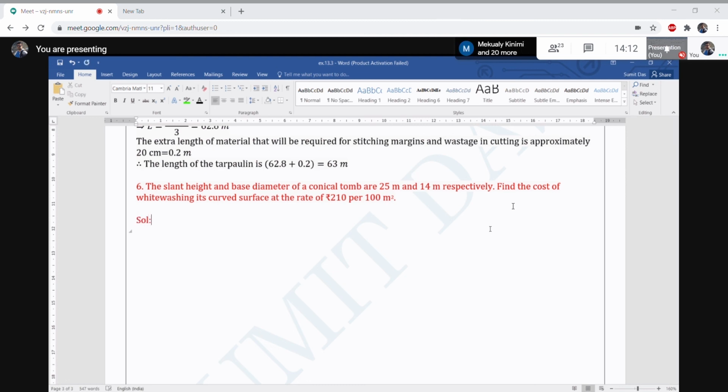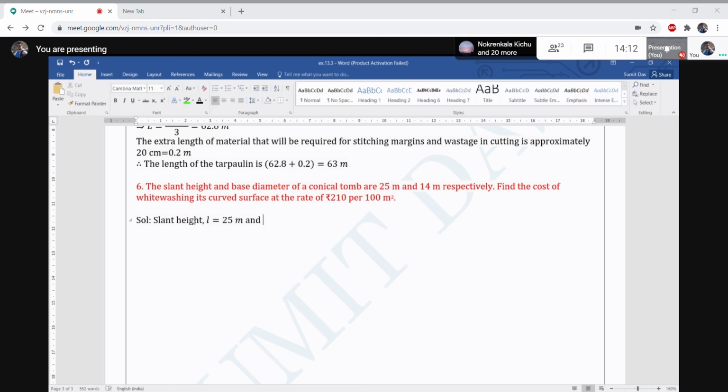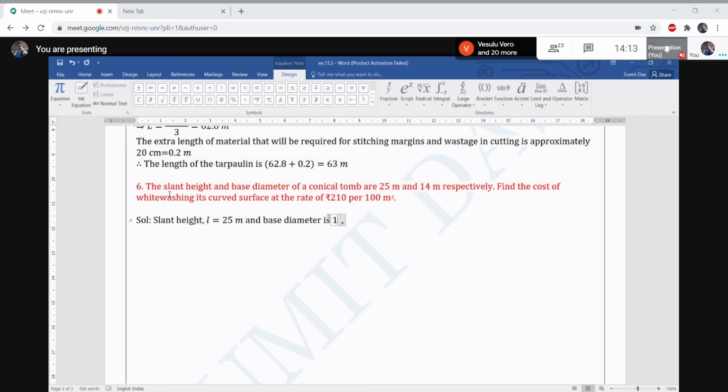So here slant height L equal to 25 meter and base diameter is 14 meter.